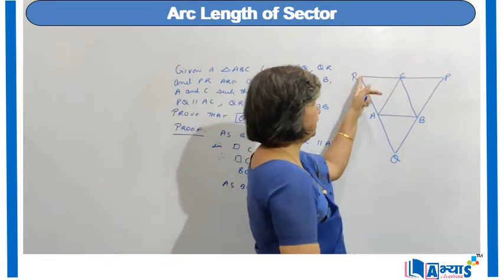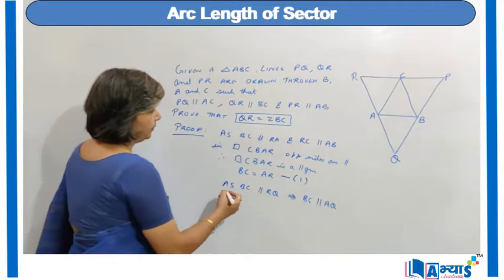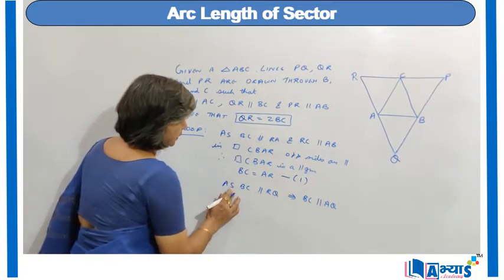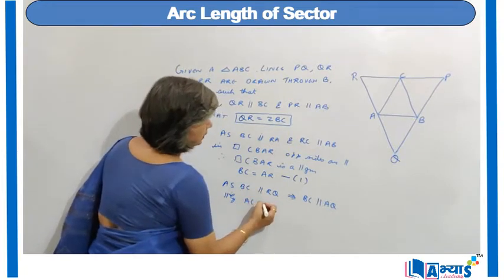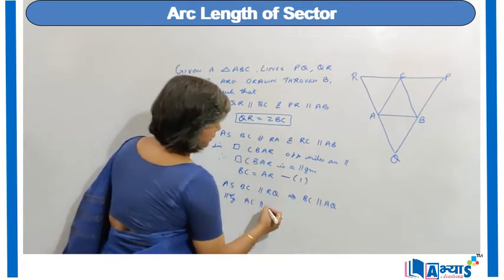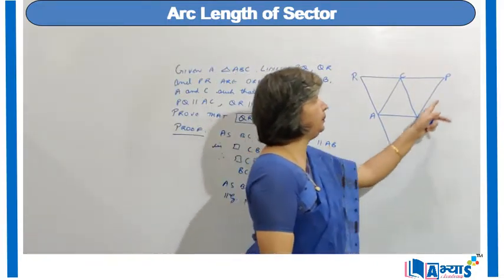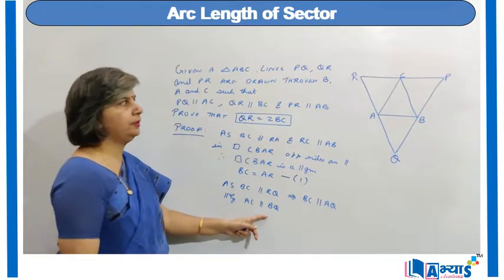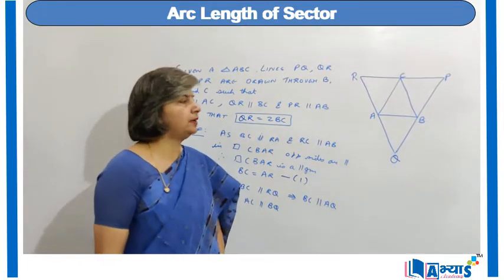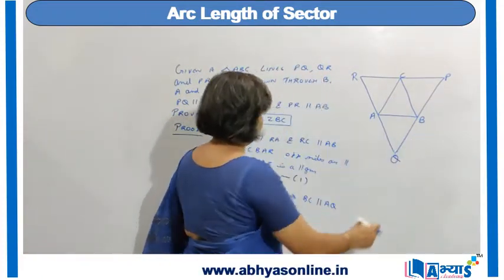As BC is parallel to RQ, so BC is parallel to AQ, and similarly we can say that AC is parallel to BQ, because AC is parallel to PQ, it has been given to us, and so AC will be parallel to BQ, because when the whole line is parallel, the part will also be parallel. Now AC is parallel to BQ.